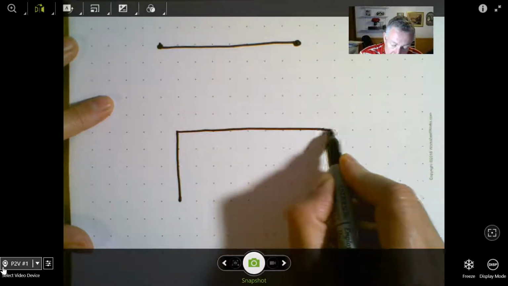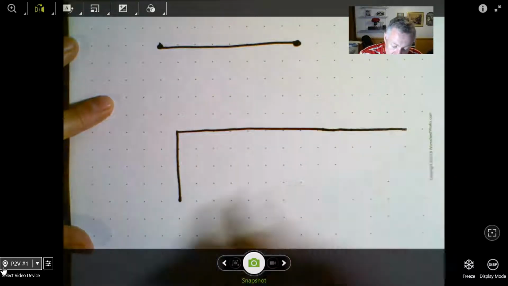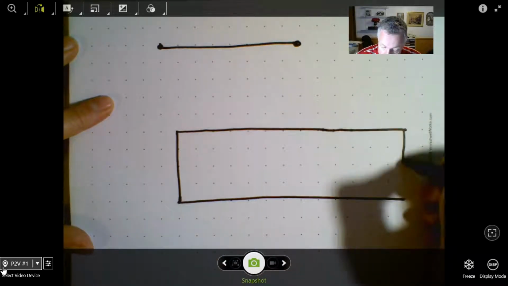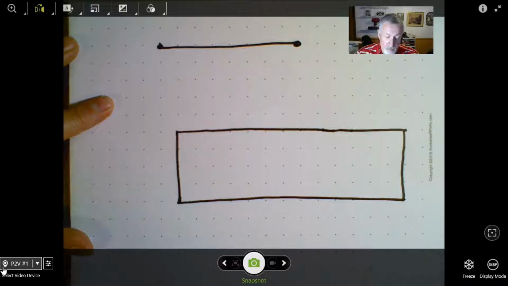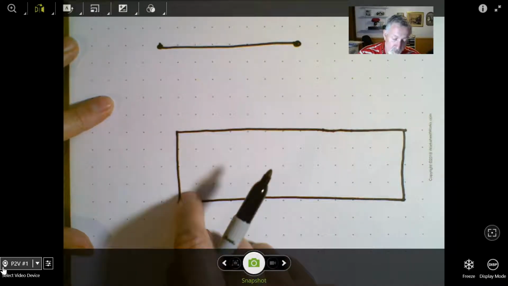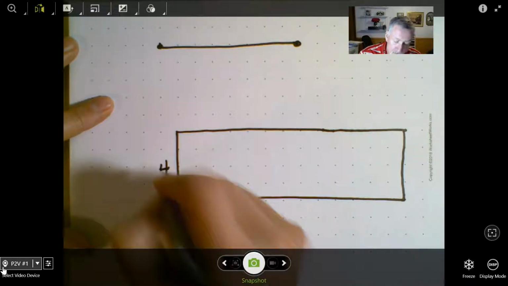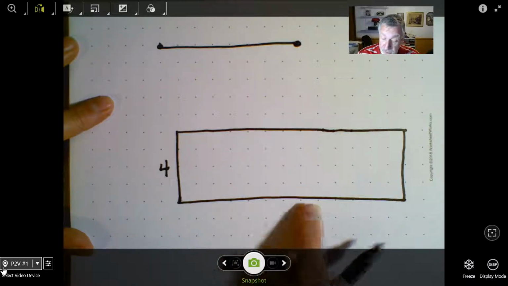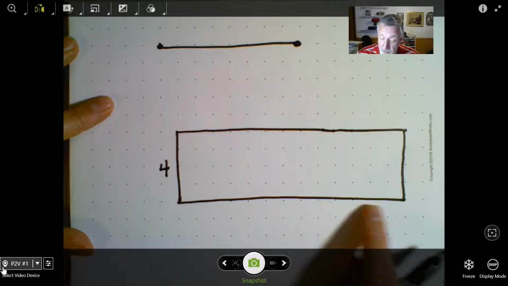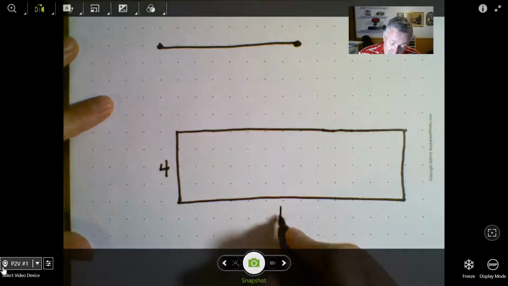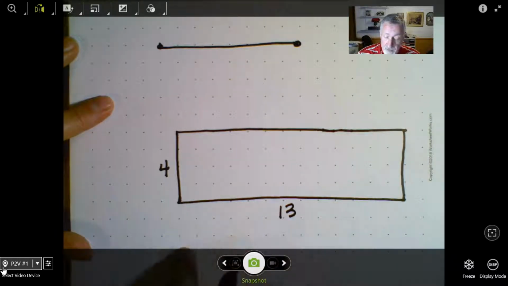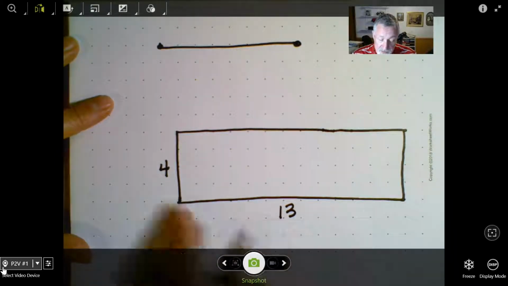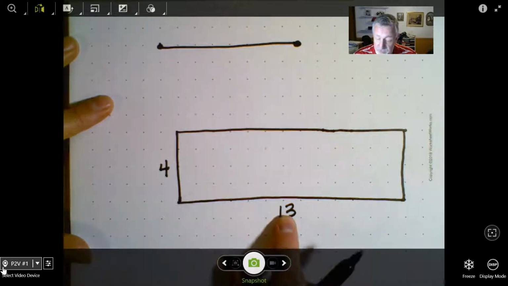I'm looking at an area. There's a pretty big shape. 1, 2, 3, 4 by 1, 2, 3, 4, 5, 6, 7, 8, 9, 10, 11, 12, 13. If I were to figure out the area of that, again, it's easier just to multiply these two numbers together.